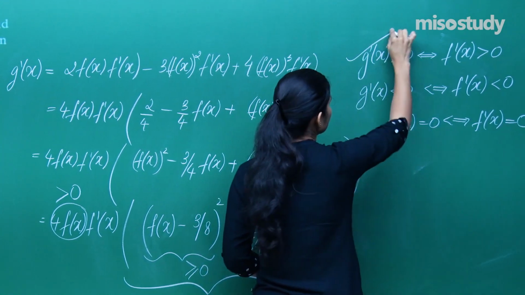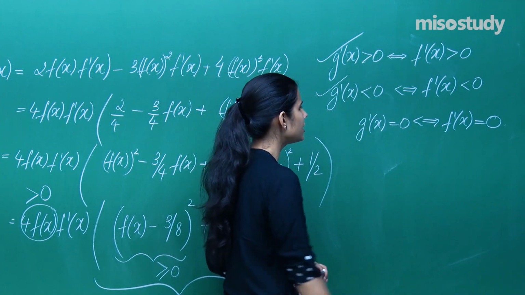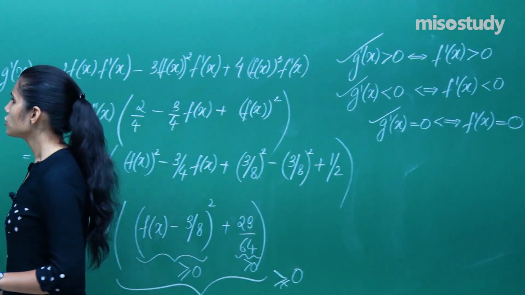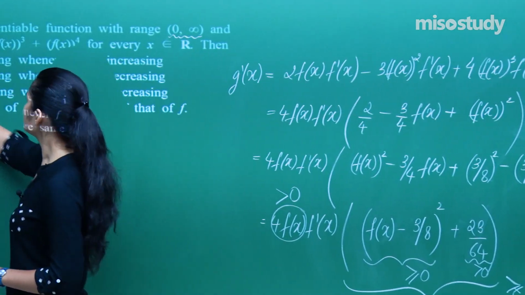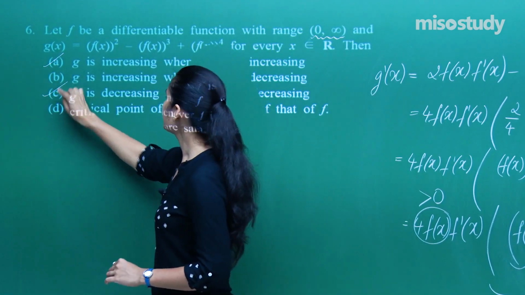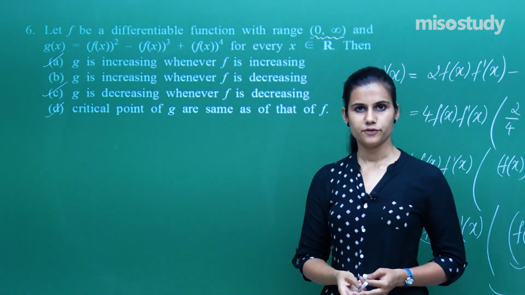So this means whenever f is increasing, g will increase. Whenever f is decreasing, g will decrease. Whatever are the critical points of f, same are the critical points of g. So my answer is g is increasing whenever f is increasing, g is decreasing whenever f is decreasing, and critical points of g are same as that of critical points of f.